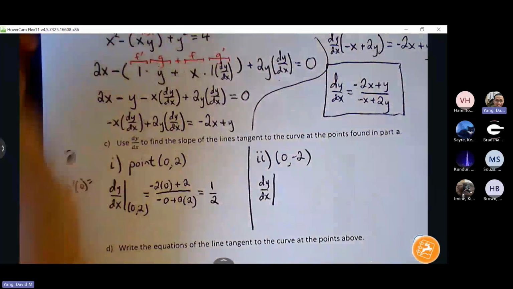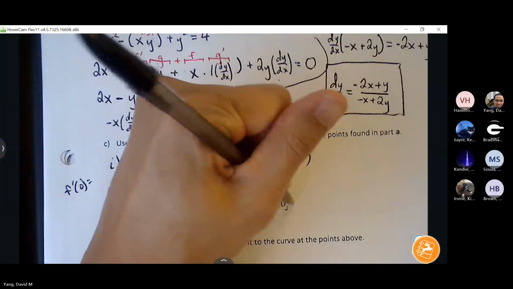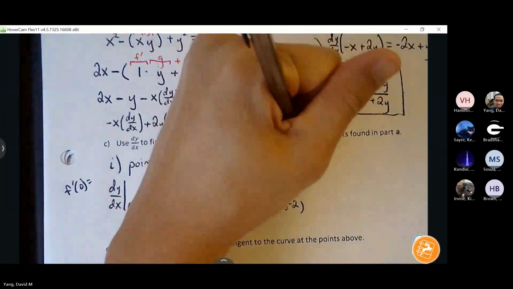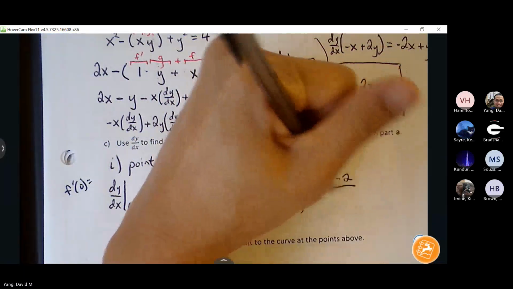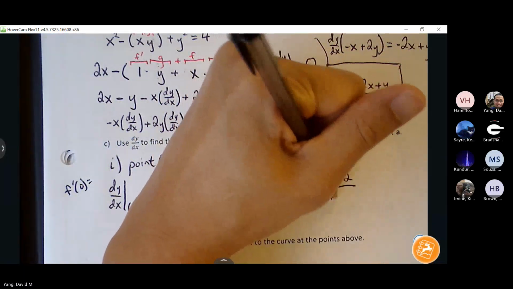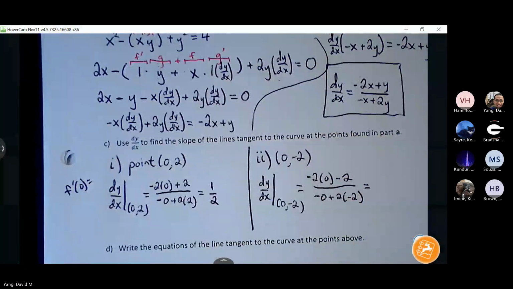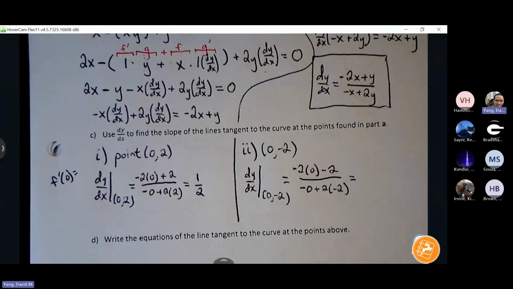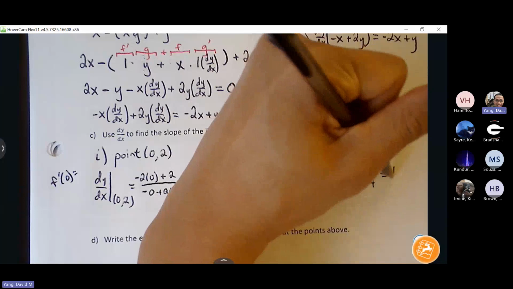I'm going to insert that ordered pair into the derivative as well. Okay, -2 over -4 is 1/2.